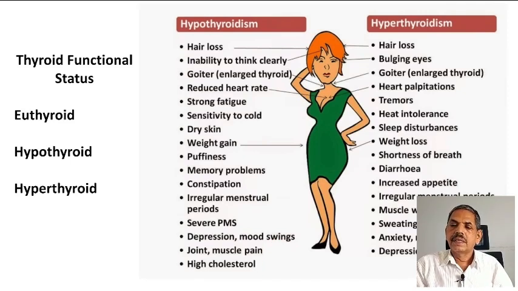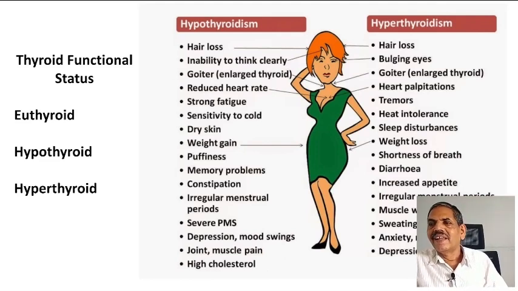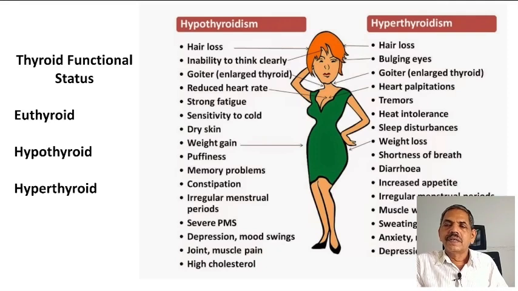These are the features. And you may wonder why this lady's picture is given here. Because thyroid diseases are more common in females, and that too in the reproductive age group, that is hypothyroidism.